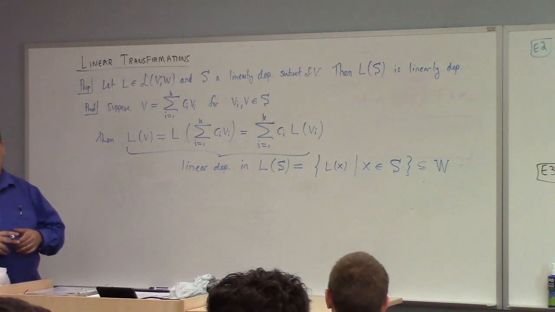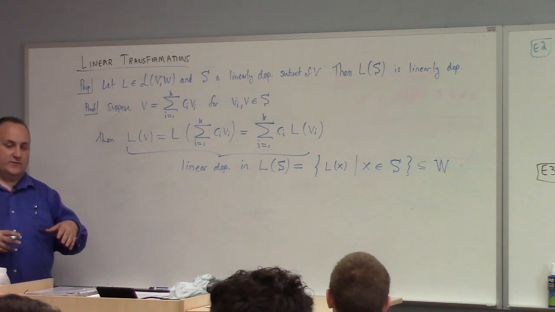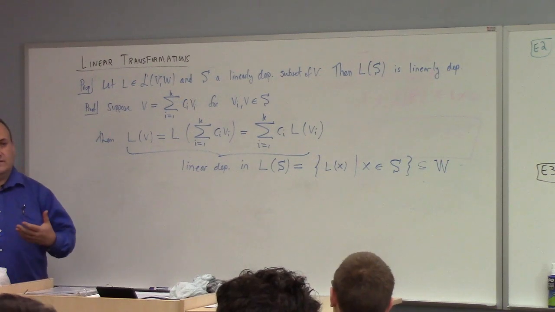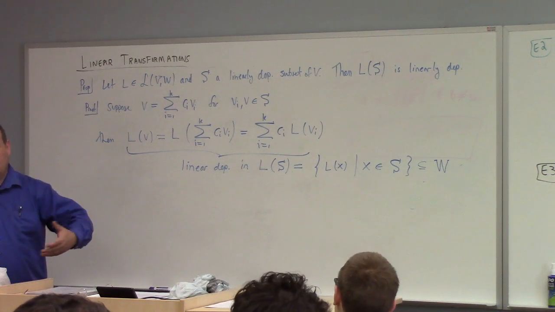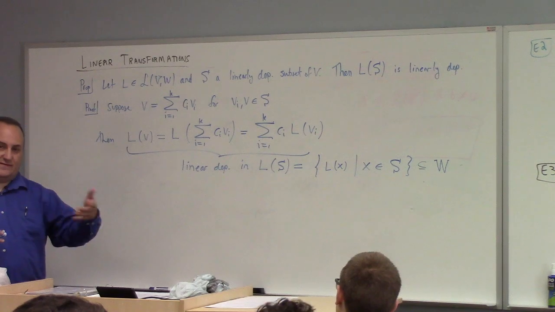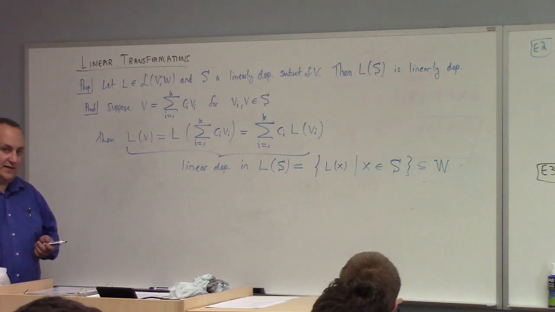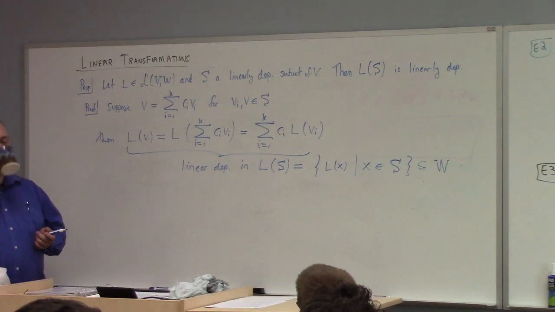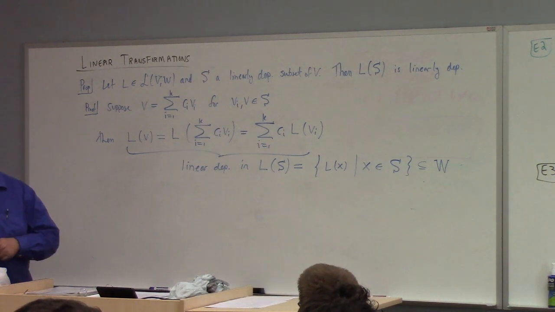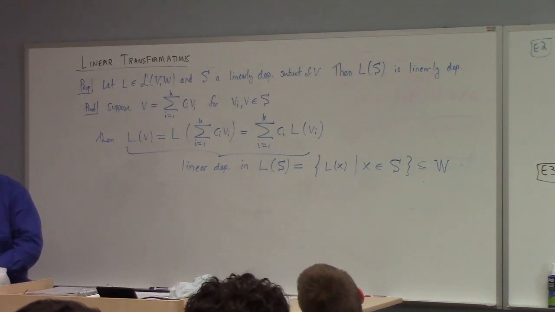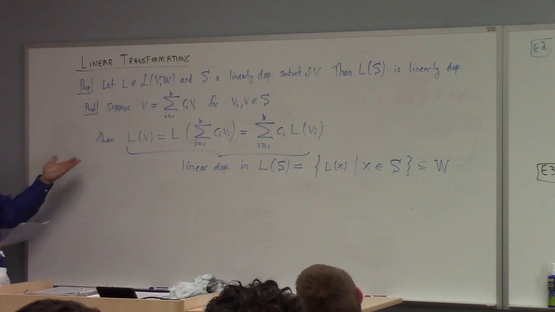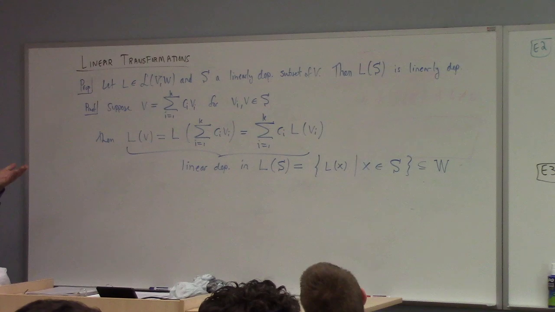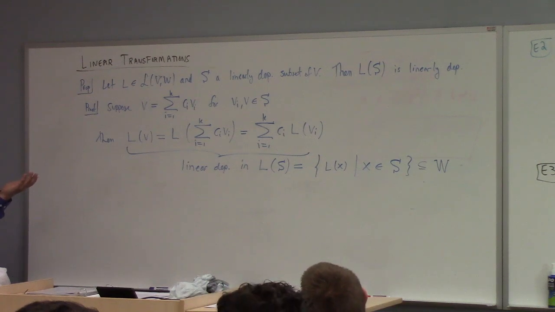But the question you might be thinking about is what if we were feeding a linear transformation a subspace? Is it the case that the image of a subspace is a subspace? That's an interesting question to ask. We should figure that one out. One thing at a time, though. So there you go. A linear dependence is mapped to a linear dependence under a linear transformation. Simple as that.